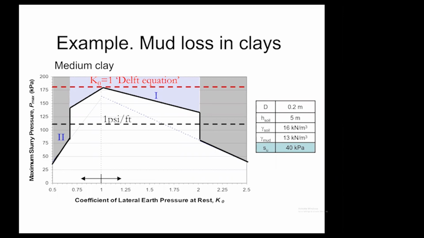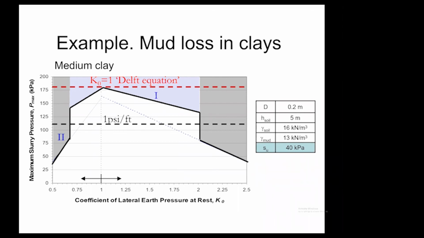And then the red line, or the so-called Delft equation, is kind of the state of the art. It's a blowout equation, which is based on an assumption that the horizontal stresses in the ground are equal to the vertical stresses. And we can see here that that matches Hongwei Zha's closed form solution for the specific case, of course, of K equals 1.